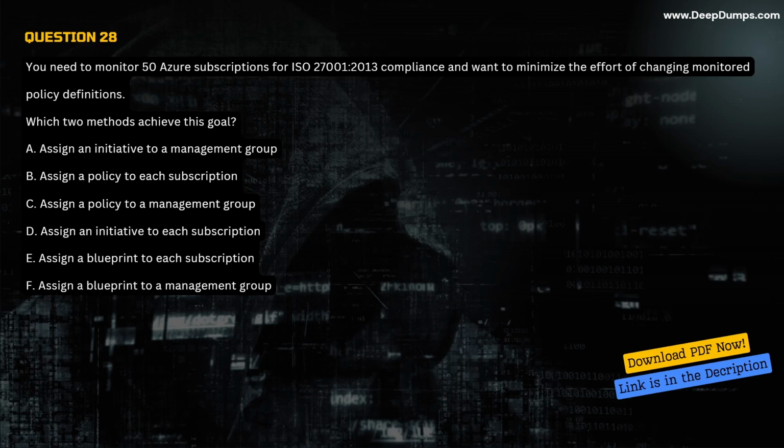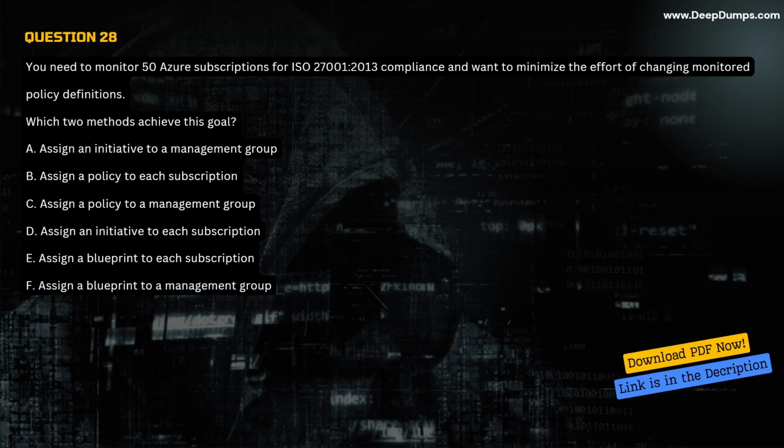Question 28. You need to monitor 50 Azure subscriptions for ISO 27001:2013 compliance, and want to minimize the effort of changing monitored policy definitions. Which two methods achieve this goal? A. Assign an initiative to a management group. B. Assign a policy to each subscription. C. Assign a policy to a management group.